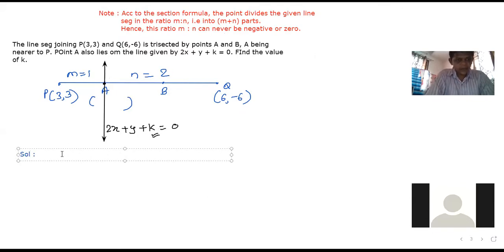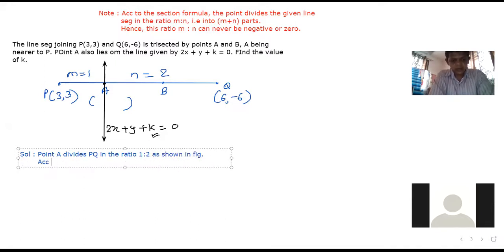Point A divides PQ in the ratio 1:2 as shown in the figure. So according to the section formula, coordinates of A are x equal to mx2 plus nx1 upon m plus n.